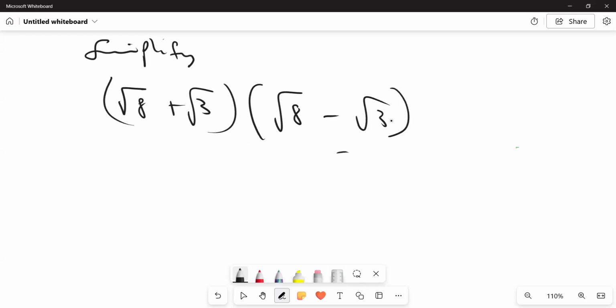Anybody can think what that will turn out to be? We just finished quadratics.